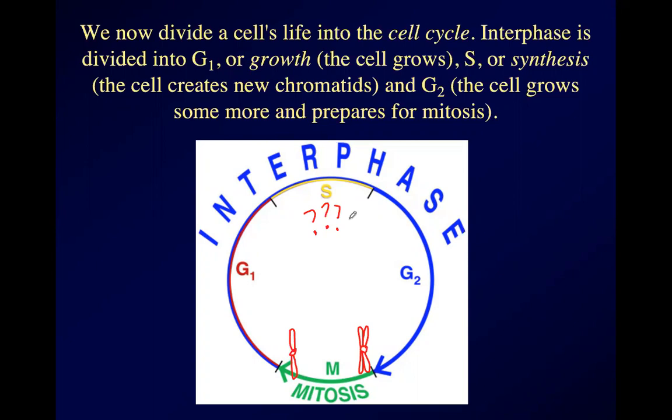They'll never divide again, and they're just permanently stuck in G1. There's others where S might happen pretty soon, and then G2, they might stay in G2 for a long time. It depends on the cell. Different cells, different organisms have different timings of the cell cycle.